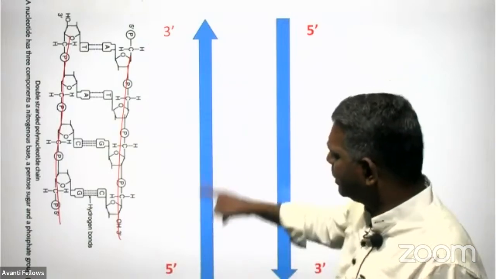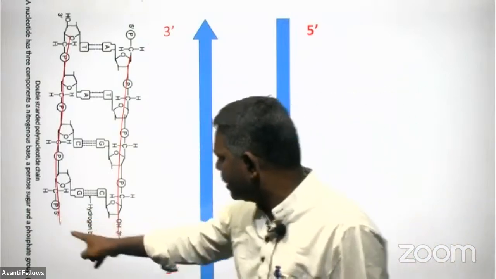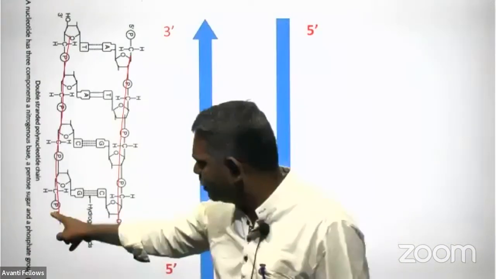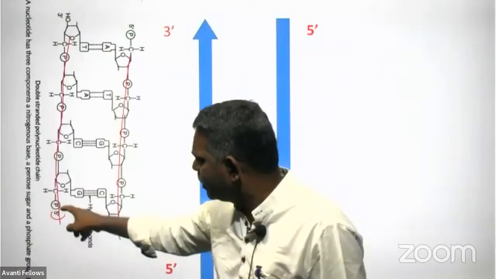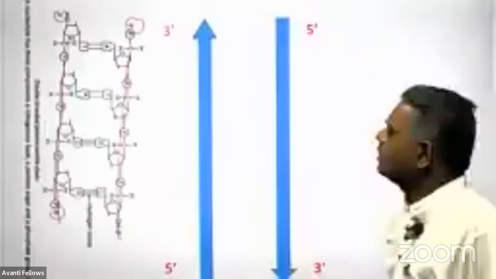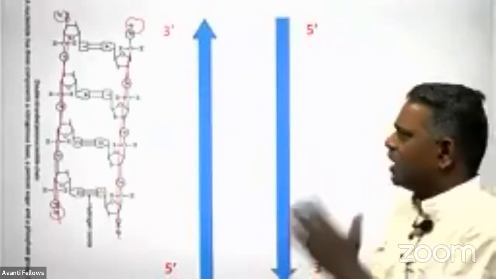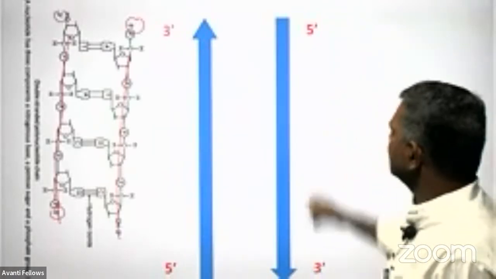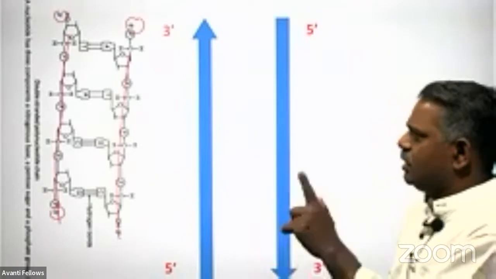And regarding direction, the fifth carbon atom is free here, and here it is the third one. This is 5' and here it is 3', right? It runs anti-parallel, like 5' to 3', and the other one runs 3' to 5', anti-parallel.